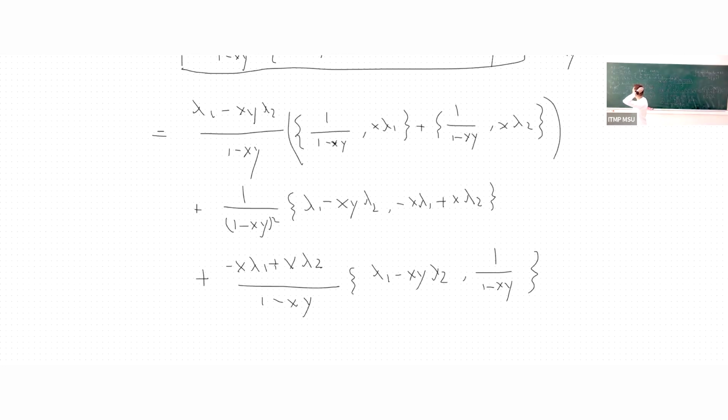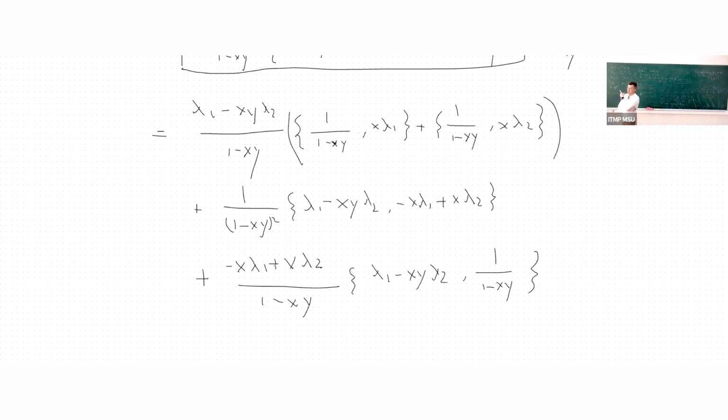Do you see that the last term is trivial? Because both lambda 1 and lambda 2 are functions of the same product xy. It means that they are functions of one variable, and two functions of one variable always Poisson commute.